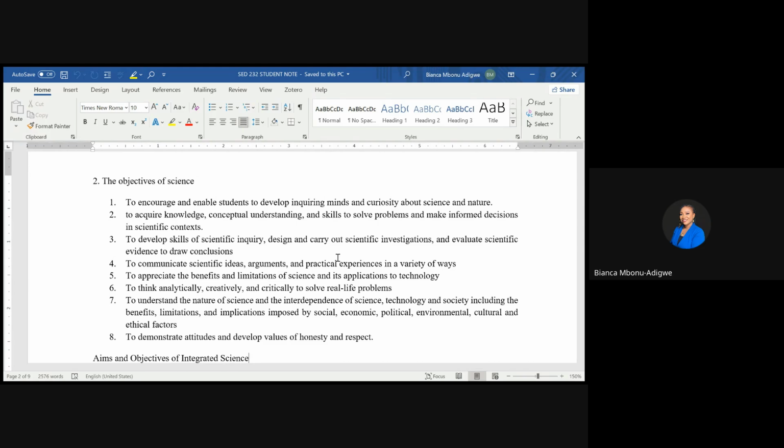If you get into somebody's house and there is smoke, you should be able to communicate to them why carbon monoxide is toxic. That is one of the reasons we teach science. You should be able to communicate scientific ideas, make scientific arguments, and give experiences in a variety of ways. Anywhere you are, you will have something tangible, something reasonable to contribute.